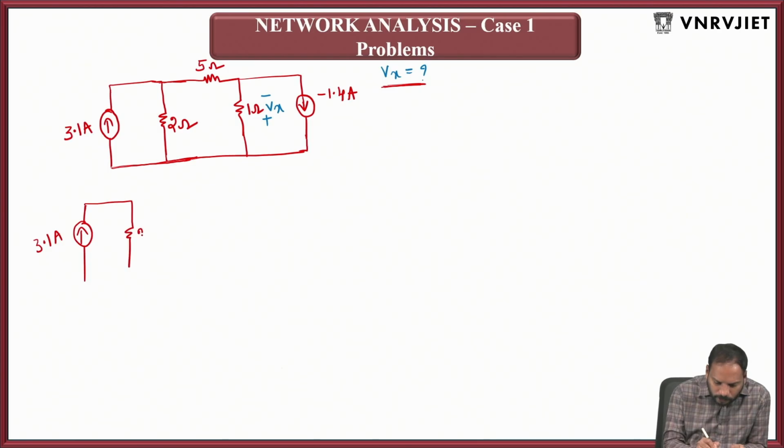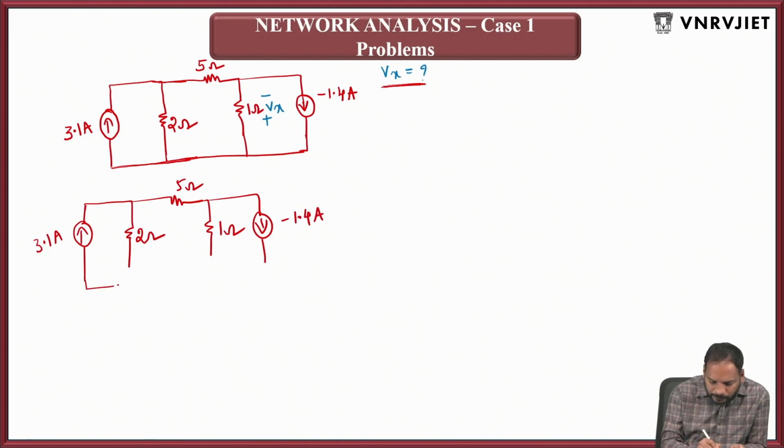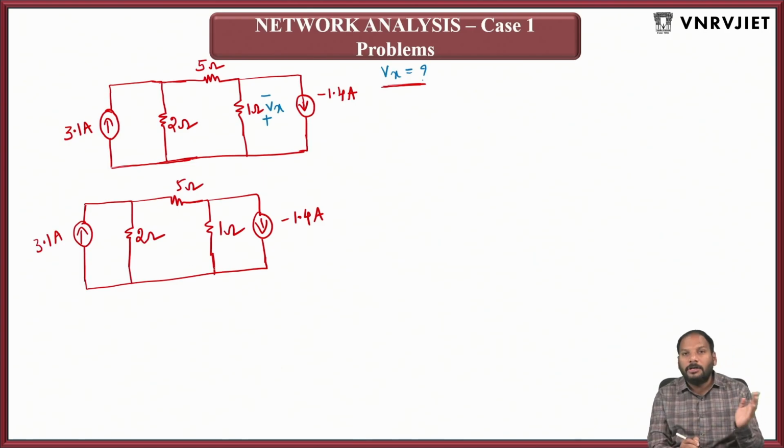Two amperes, 2 ohms is a resistor, and 5 ohms, and it is 1 ohm, and then it is minus 1.4 amperes. So I have removed that Vx.